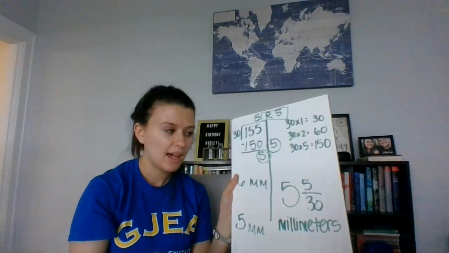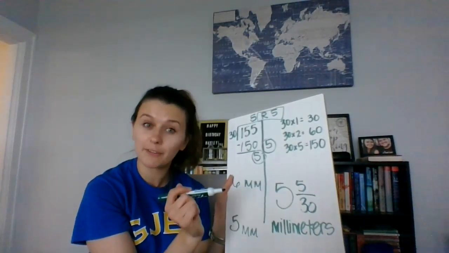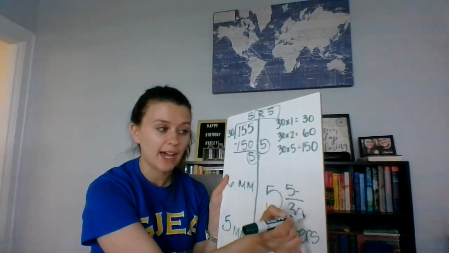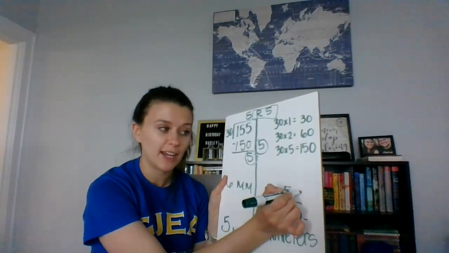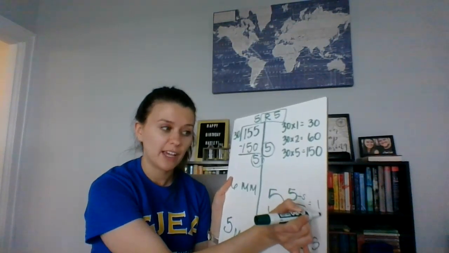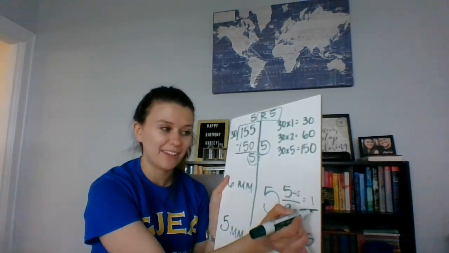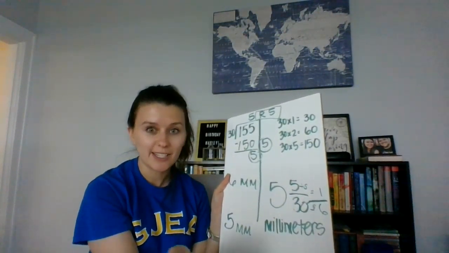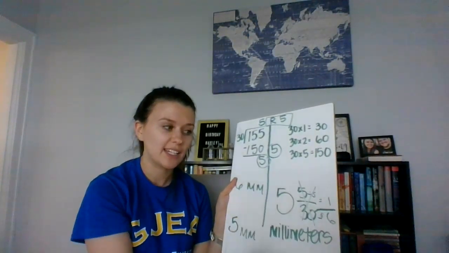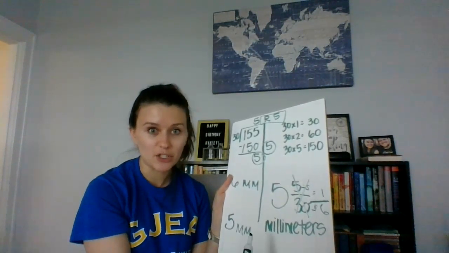Okay. And then we could even reduce that fraction. We talked about reducing and simplifying fractions this week in your slides. And I know that 5 and 30 can both be divided by 5. 5 divided by 5 is 1. And 30 divided by 5 is 6. So you could even say, instead of 5 5/30, that it grew 5 1/6 millimeters each day.